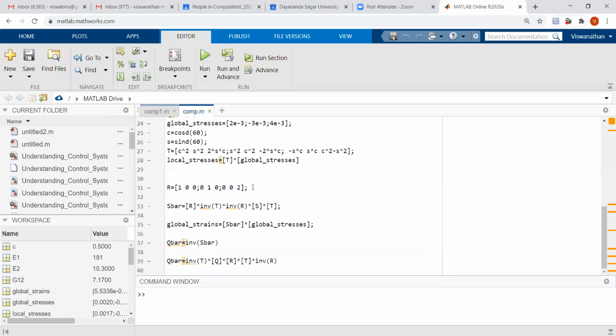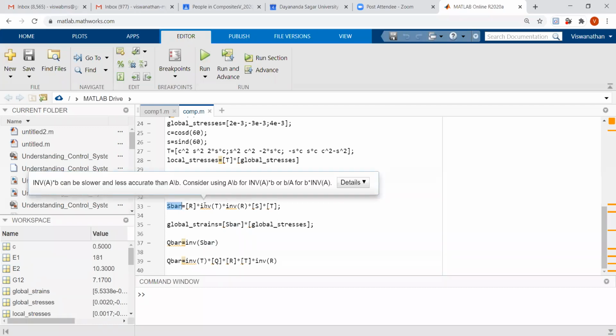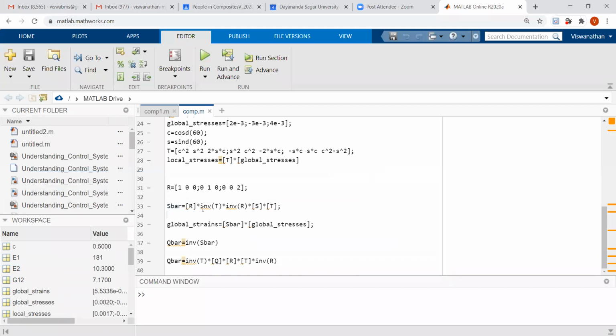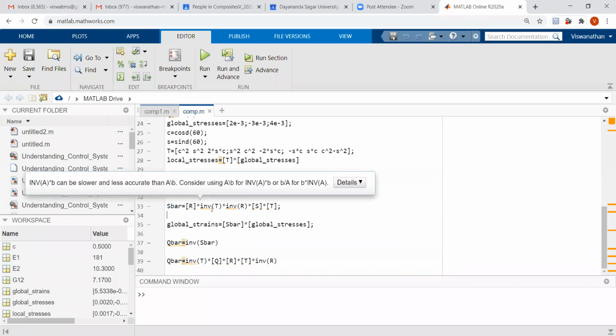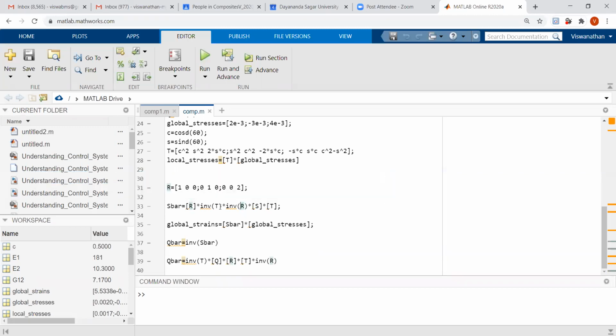And then when you are defining S bar, it is R T inverse R inverse. See how I am putting the inverse, I N V in simple brackets. The matrix brackets are square brackets.